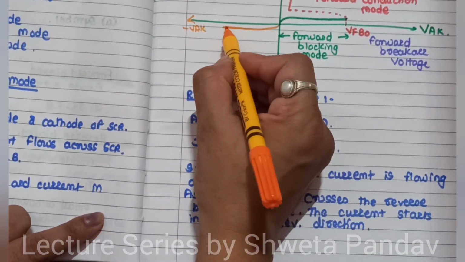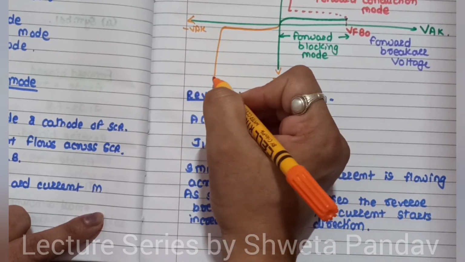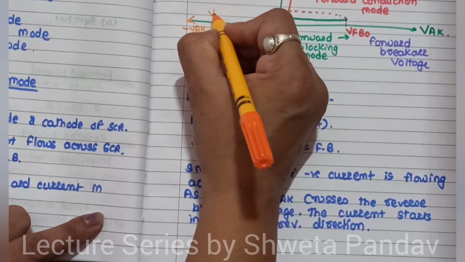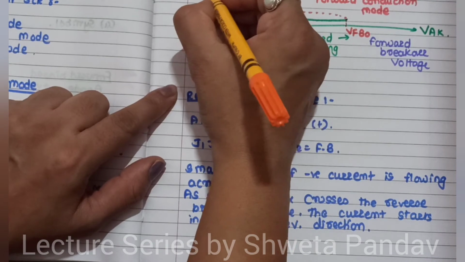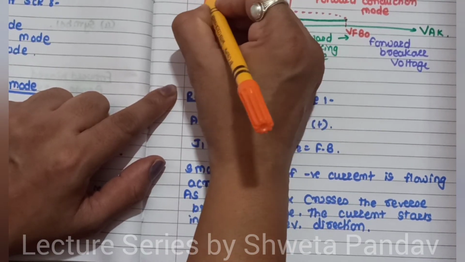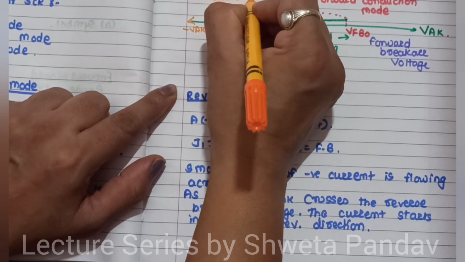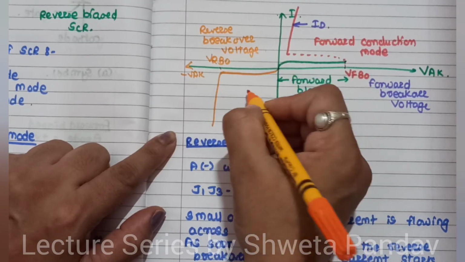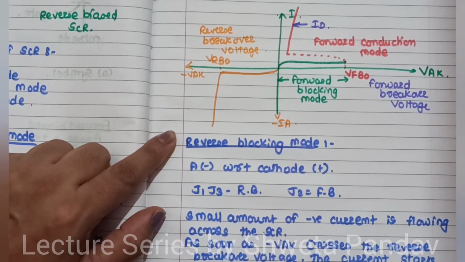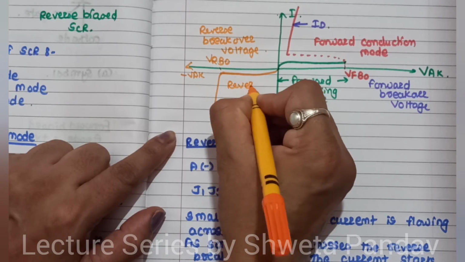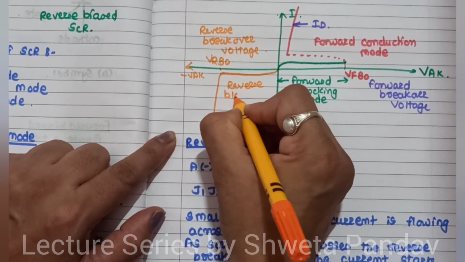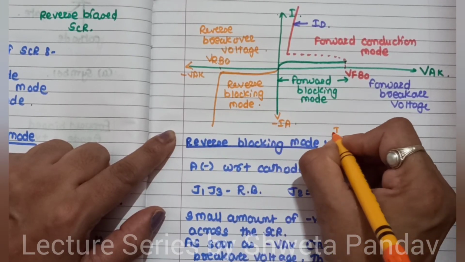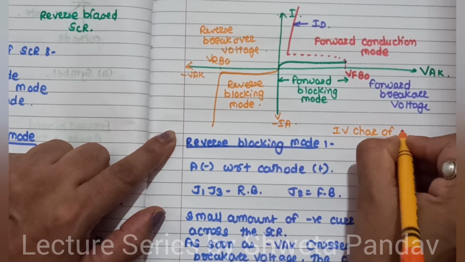Whenever this voltage crosses the reverse breakover voltage, the current starts increasing in the reverse direction. This mode is called reverse blocking mode, and this figure is called the IV characteristic of the SCR.